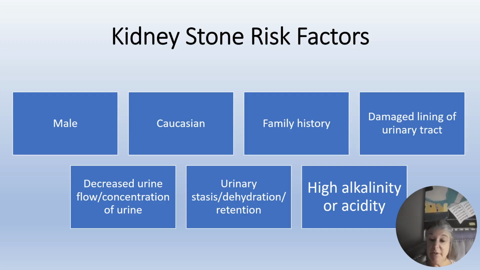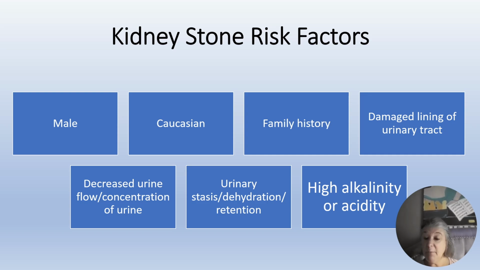Kidney stone risk factors. Males are at greater risk. Caucasian, family history. If you have damaged lining of the urinary tract, this puts you at greater risk. The lining in the body is usually nice and smooth so that things can flow and pass through and not get stuck.